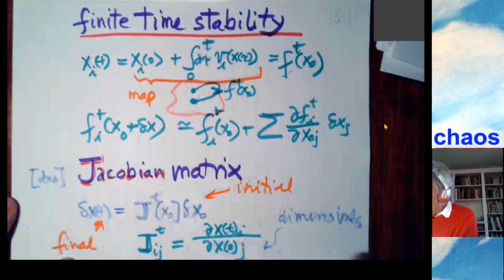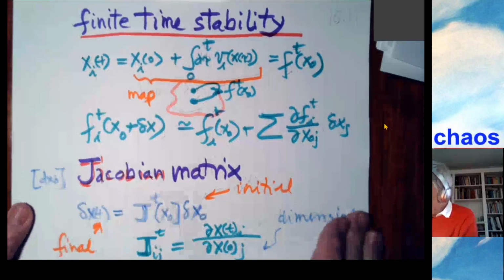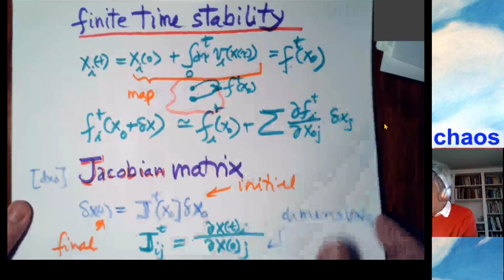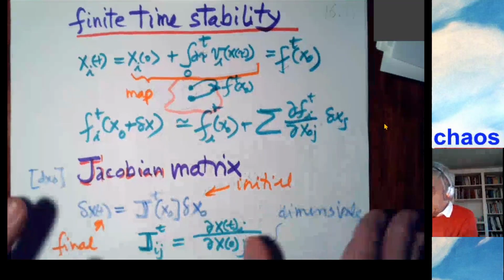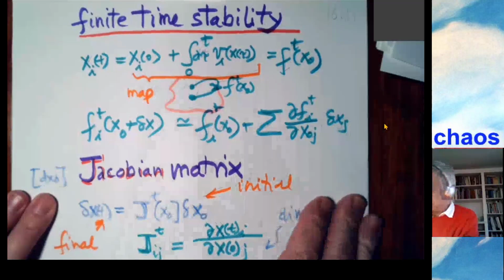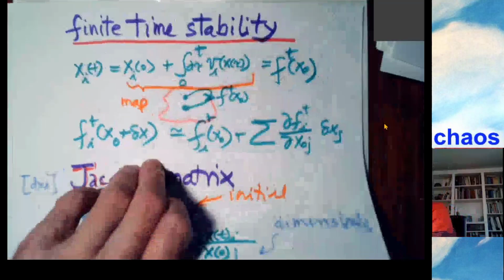So the Jacobian matrix is a powerful, very useful description, because for matrices, we know how to deal with them, we know how to look at their eigenvalues, eigenvectors, and they all have important meanings.